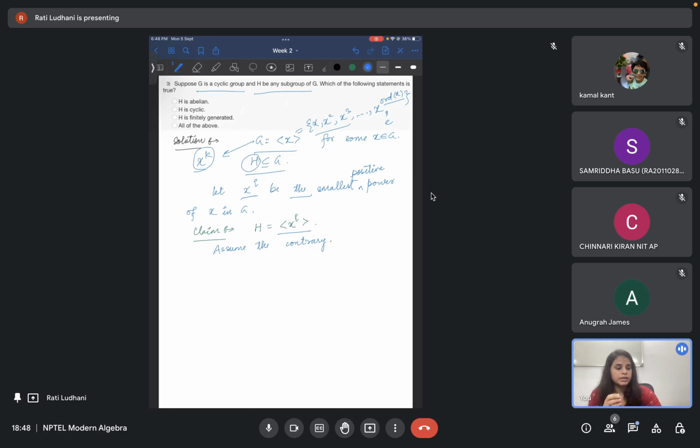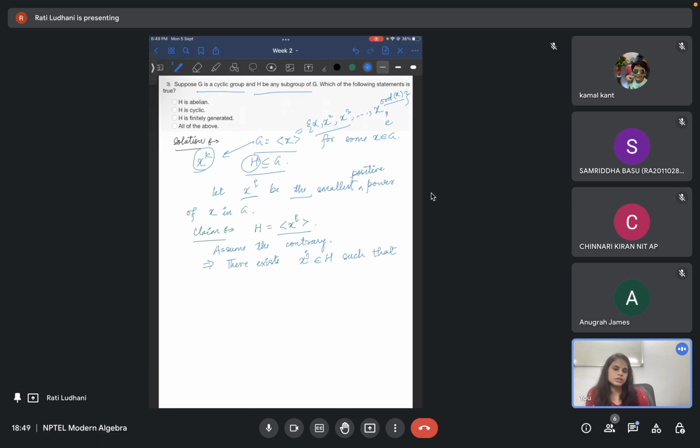This implies there exists some element x raised to power j belonging to H such that, can you tell me what does that mean?